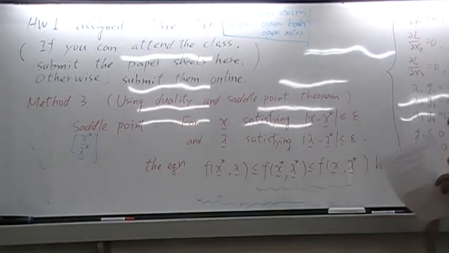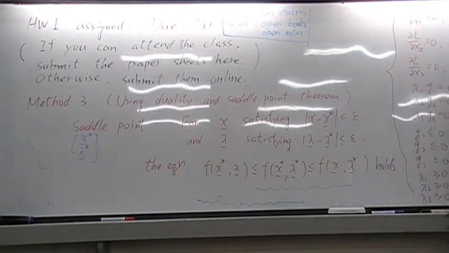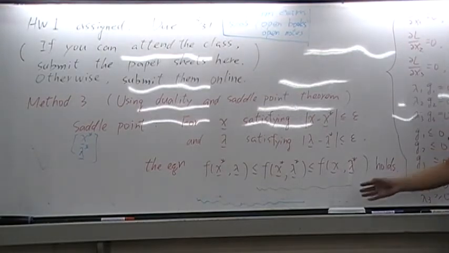And then you may want to ask, so why do we need to know this? The thing is, it's very interesting. Most of the time we solve a minimization problem, right?